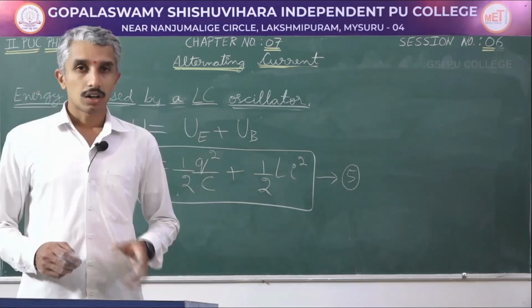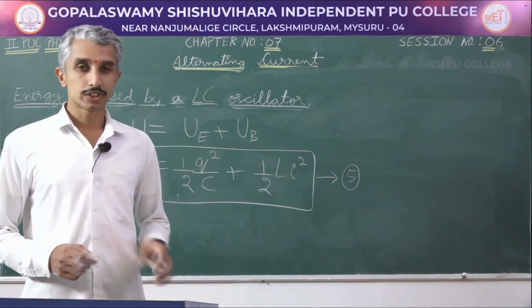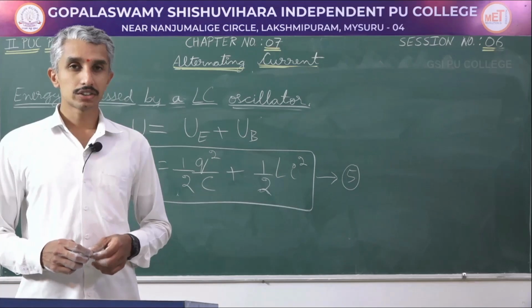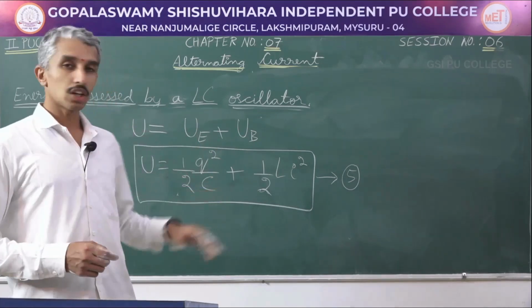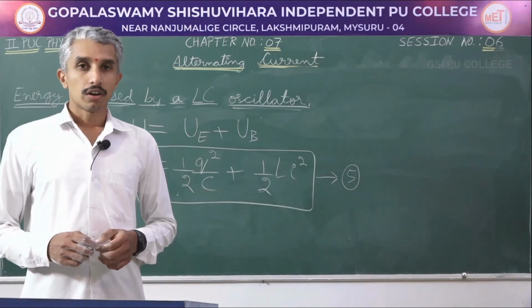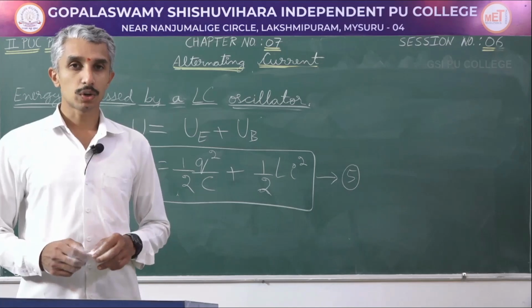After going through the discussions of this session where we had seen the mechanical oscillations as well as the electrical oscillations, I can have some analogies between the mechanical and the electrical quantities.